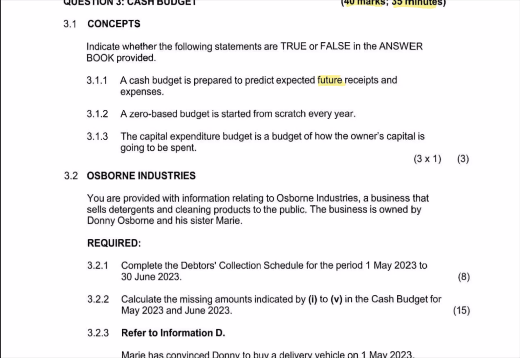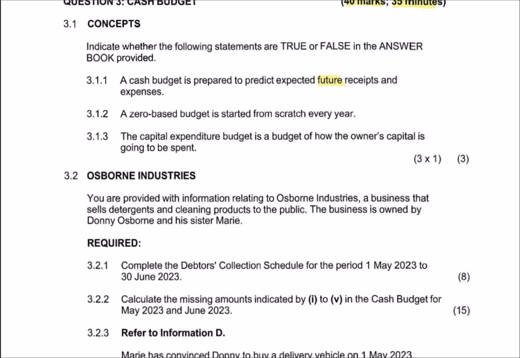Then a zero-based budget is started from scratch each year. If you are operating a zero-based budget, basically each year you start your budget from nothing. You don't have any idea what the budget will be like. You come up with your own methods of predicting how much you spend, compared to other forms of budget.